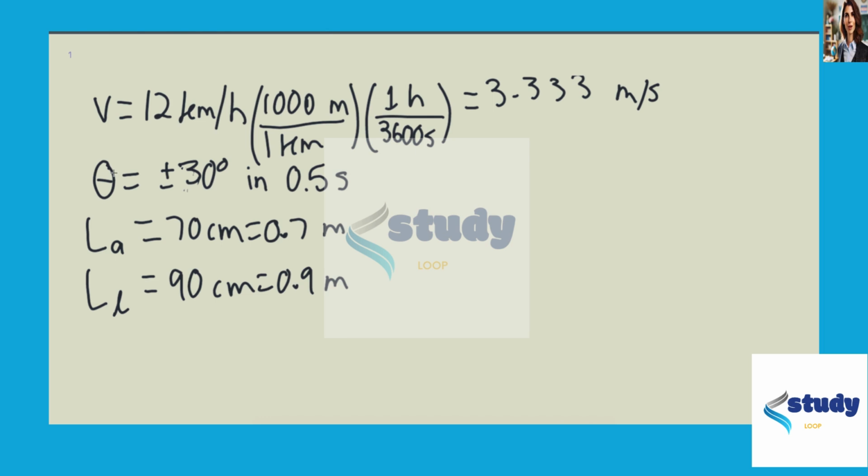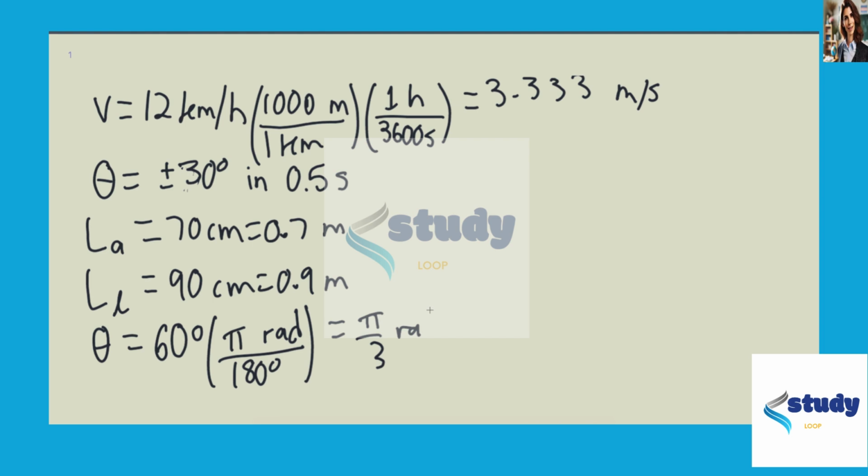And then we have theta, which in this case, because it's plus or minus 30 degrees in half a second, we're going to say 60 degrees, and we'll say pi radian for every 180 degrees. This is going to be pi over 3 radian, and then delta t equals 0.5 seconds.